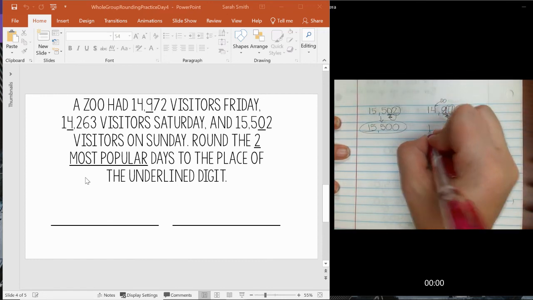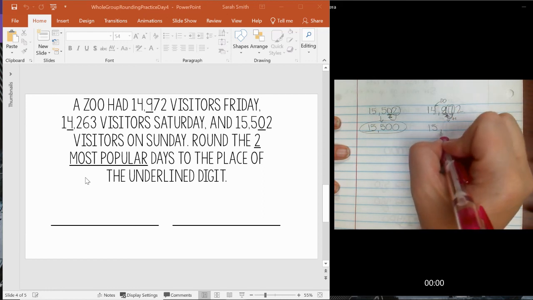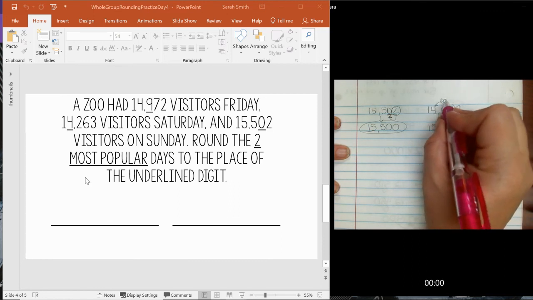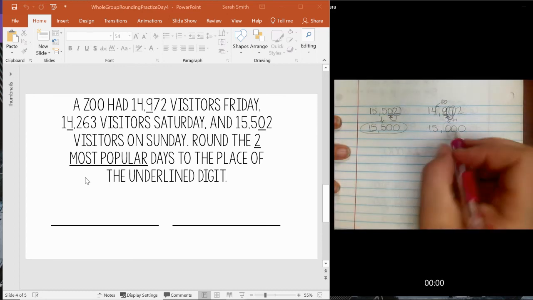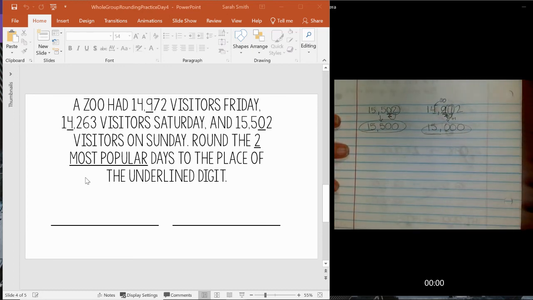So we leave the 1 the same, but the thousands is going to change to 5,000, and everything else becomes a 0, because the placeholder needs to be there. Just like if we were to regroup 6 plus 4, we'd put the 0, carry the 1, and the 0 would stay in the ones place. So same thing here. Therefore, we would round that number to 15,000.